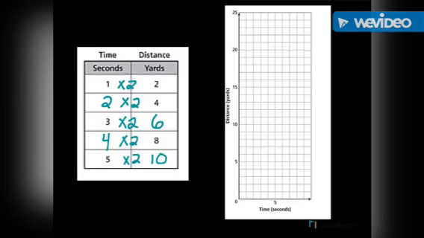Now that I've filled out my rate table, I can graph it. Notice seconds are on the x-axis. So this side of my table goes on the x-axis. So I'm going to go ahead and number that.